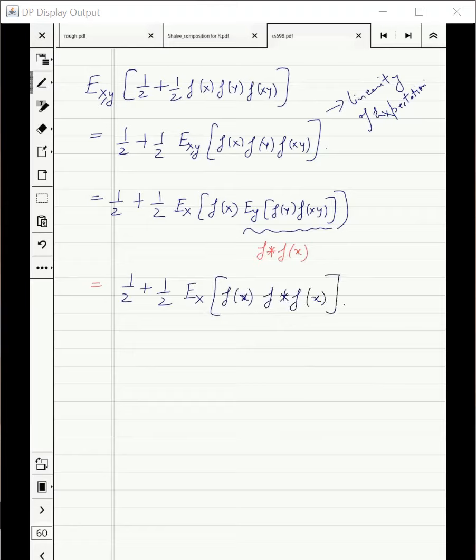Okay, now looking at this, you should be very happy. Why should you be happy? What is the reason for your happiness? The entire thing is a function of x.